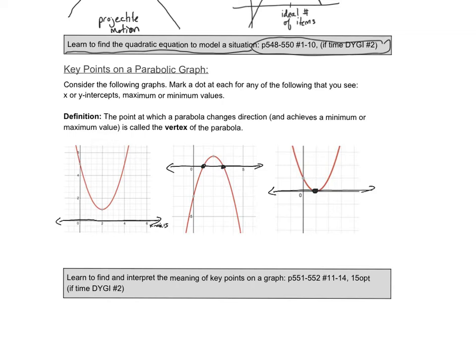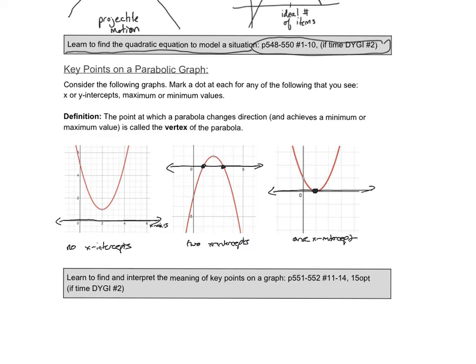So in this first case, I have no x-intercepts. In this case, I have 2 x-intercepts. And in this case, I have 1 x-intercept. Okay, the next value that I want to identify are the y-intercepts.